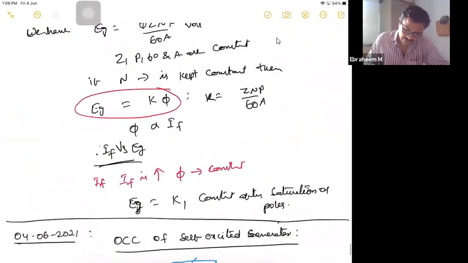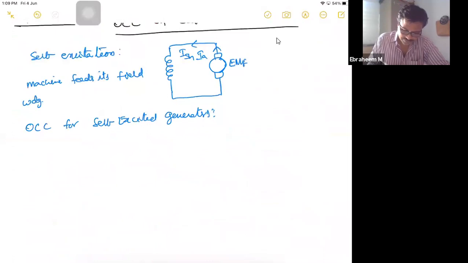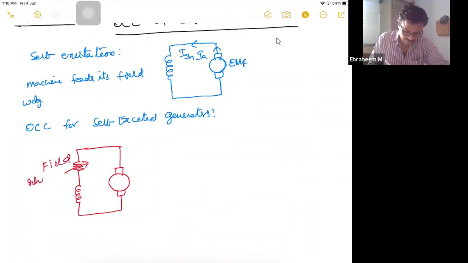Whereas for self-excitation, what we do is keep a rheostat in series with the field winding and connect as usual. This is the field rheostat. Okay, so that is what self-excitation means.